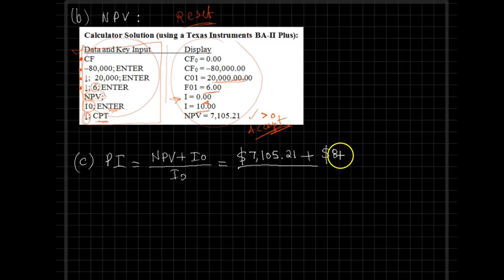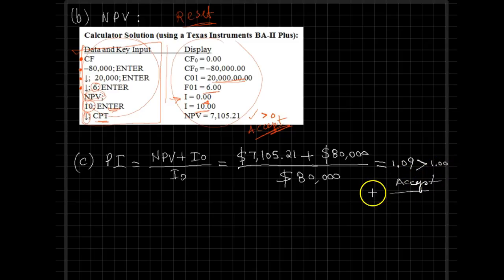The initial outlay was $80,000, and dividing everything by $80,000, we make the calculation and we see that the number comes out as 1.09. And that number is definitely greater than 1. So as such, again, the project looks acceptable.